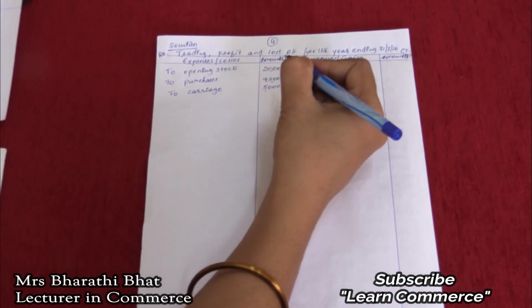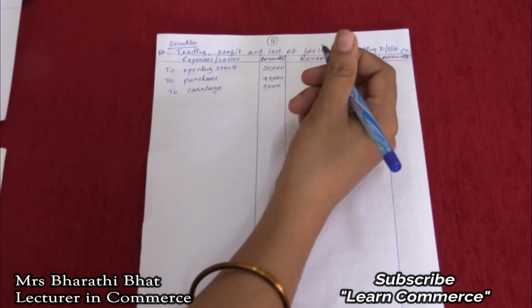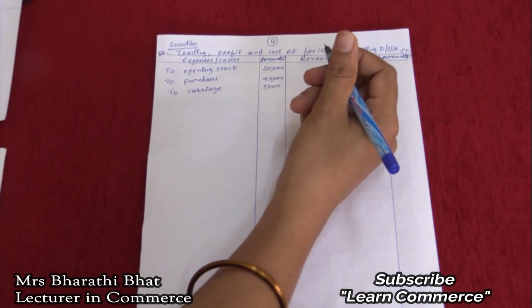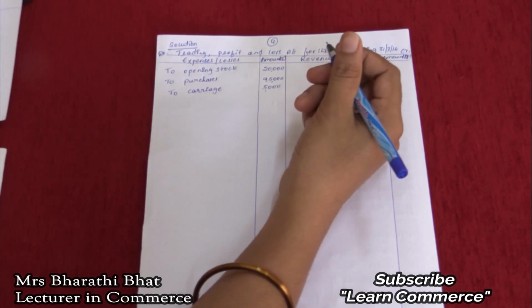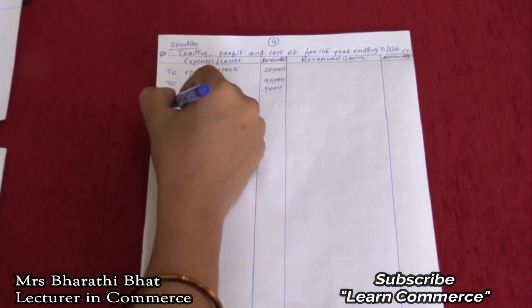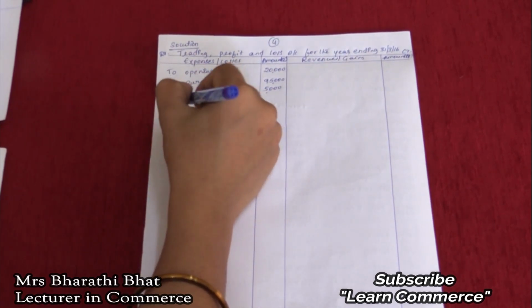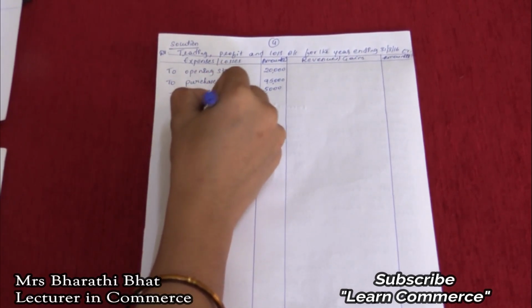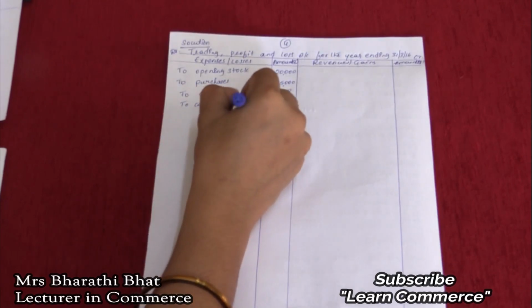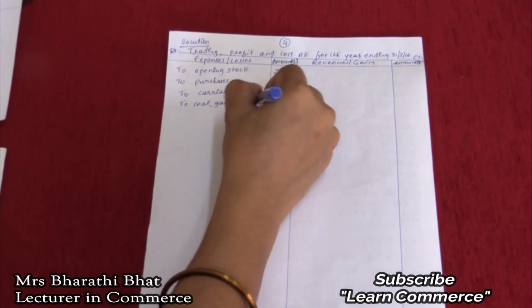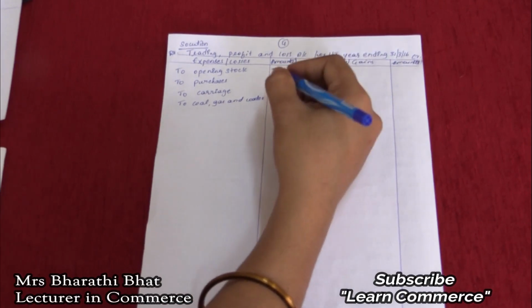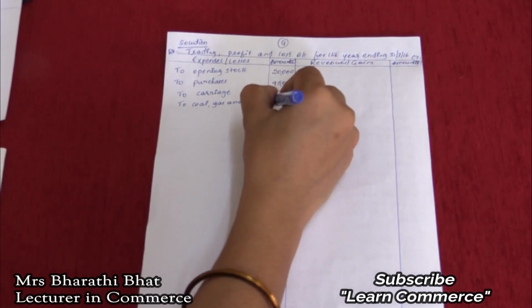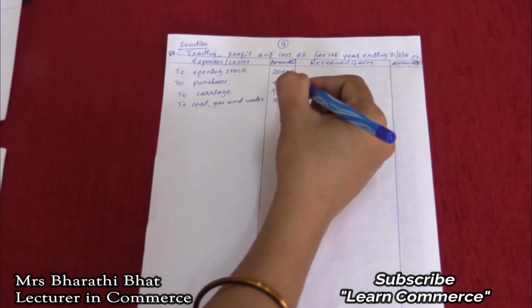Next, bank deposit, balance sheet, bank charges, profit and loss, coal, gas and water, here coal, gas and water is there. So to coal, gas and water. Factory related expenses, so 8,000.